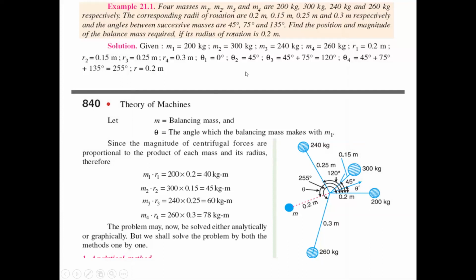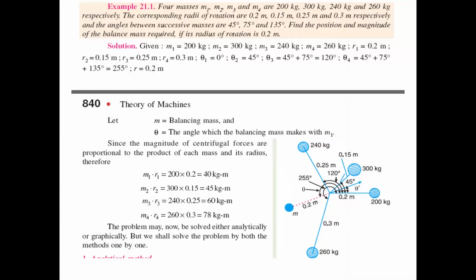So four masses M1, M2, M3, M4 are 200 kg, 300 kg, 240 kg, and 260 kg respectively. The corresponding radii of rotation are 0.2 meter, 0.15 meter, 0.25 meter, and 0.3 meter respectively.